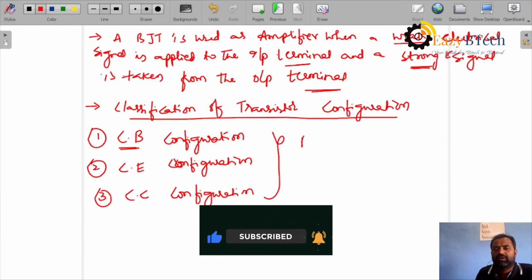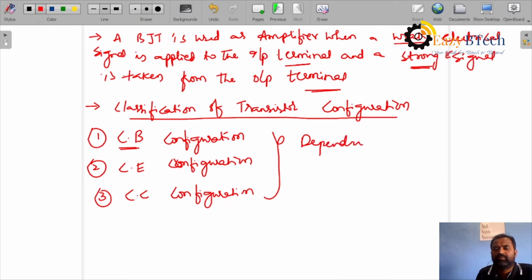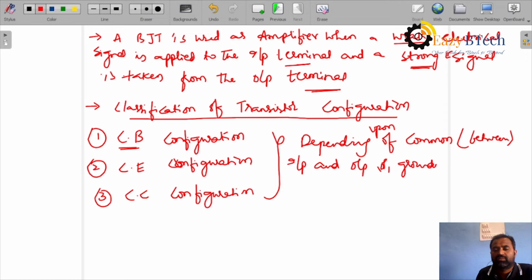Okay. Depending upon which terminal is common between input and output, or grounded, the configurations are classified.